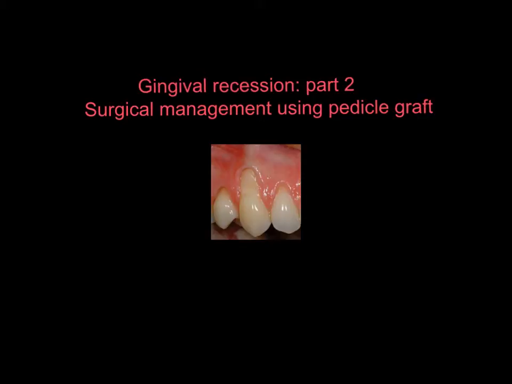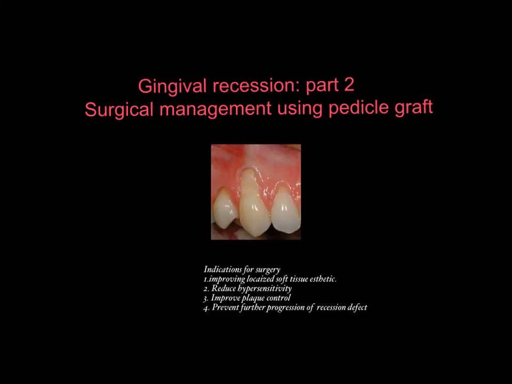So the main indications are as follows. As we see here, we have 4 indications for surgical management of any recession defect. One of them is improving localized soft tissue aesthetic. Second, reducing hypersensitivity. Third, improving plaque control. Fourth, preventing further progression of recession defect.